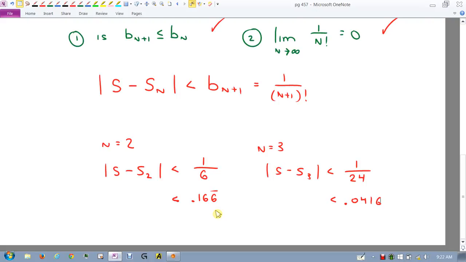So let's go out to something bigger. Let's go somewhere where we'll probably be safe. How about n is 6? Try 6. You get s minus s sub 6 is less than 1 over 7 factorial, because it's n plus 1. You have to do 1 divided by 7 factorial.